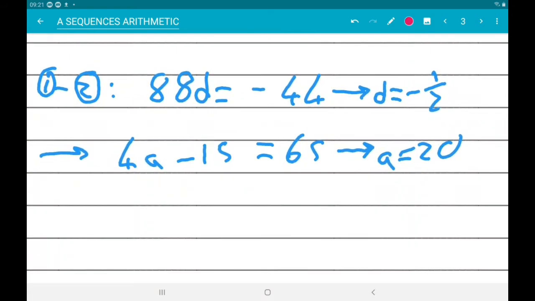So the sum to 41 is 41 over 2 times 2a, so 2 times 20 is 40, add n minus 1, so 40 times minus 1/2, so that's actually minus 20.